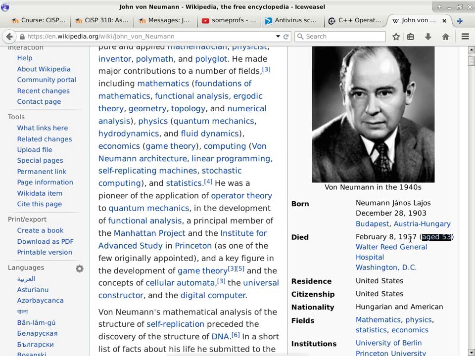This guy passed away when he was only 53, and most people believe his cancer had to do with his participation in the hydrogen bomb experiments. He was actually a part of the H-bomb experiments as well. Anyway, interesting person, and it would not hurt to read a little bit about his bio to understand what kind of person came up with the idea of the von Neumann architecture.